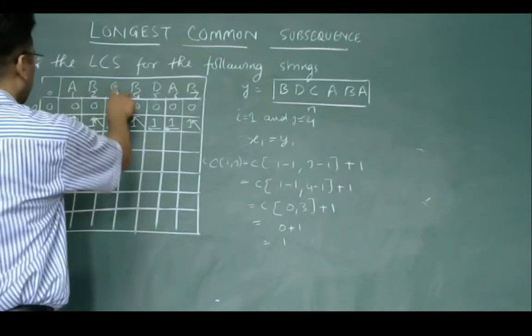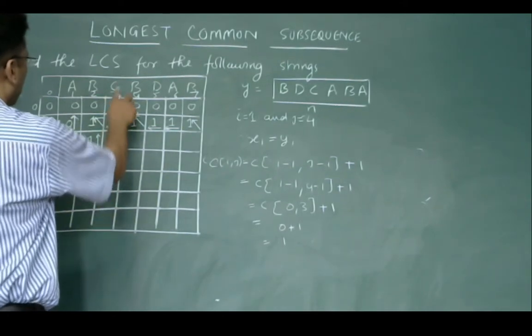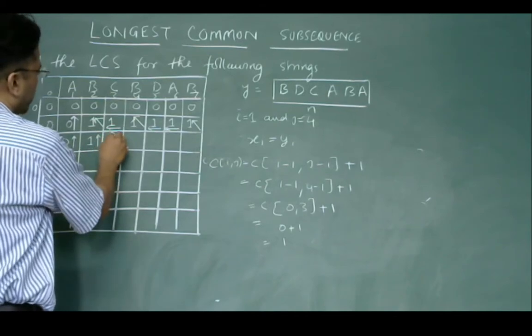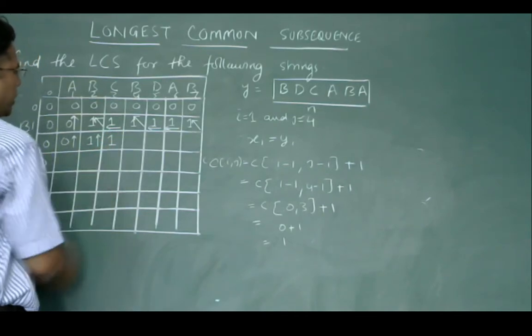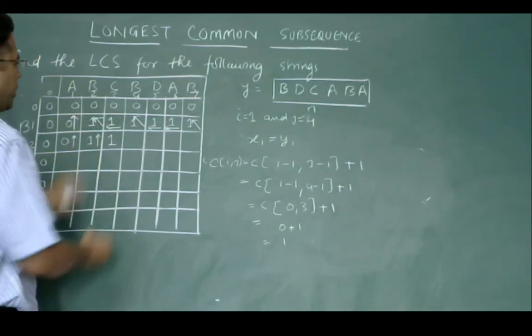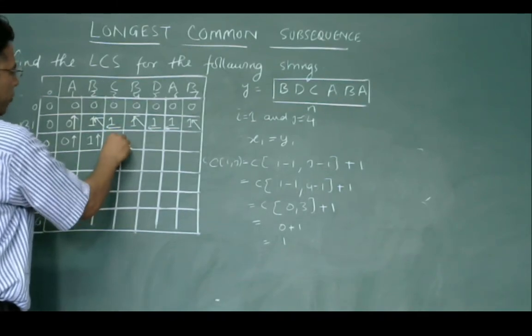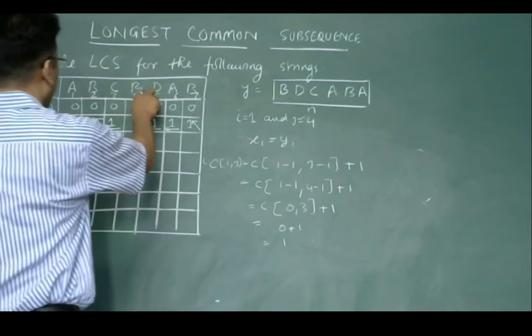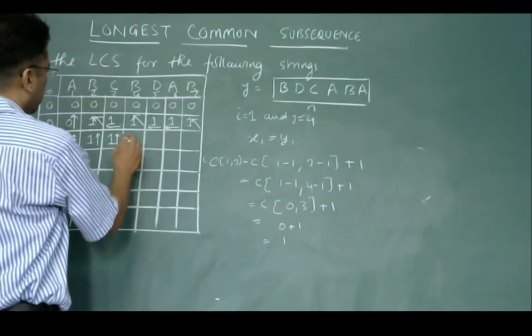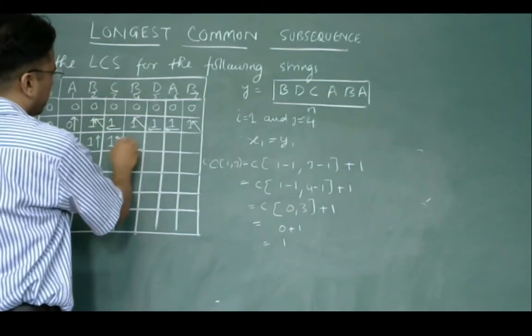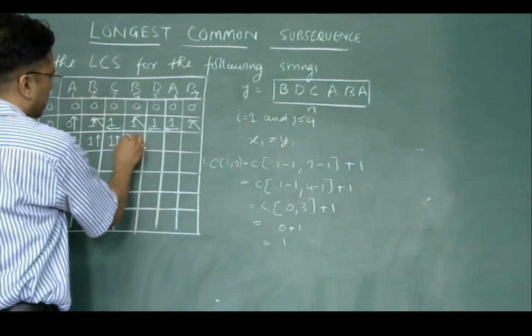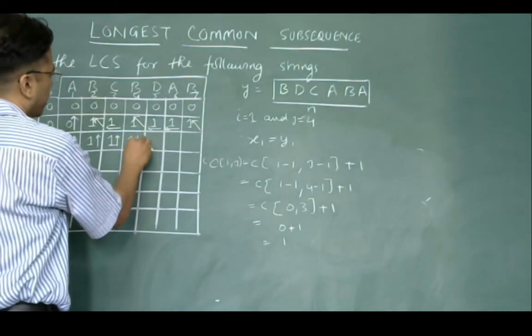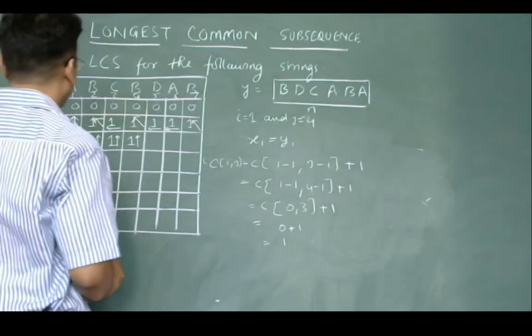Here D and C there is no match, both are equal, so place the value 1 here, and the arrow would be in the upward direction. When both are equal, then place the arrow in the upward direction. Here D and B no match, so in 1 and 1 the max of these two is 1 and place the arrow in the upward direction when both are equal.